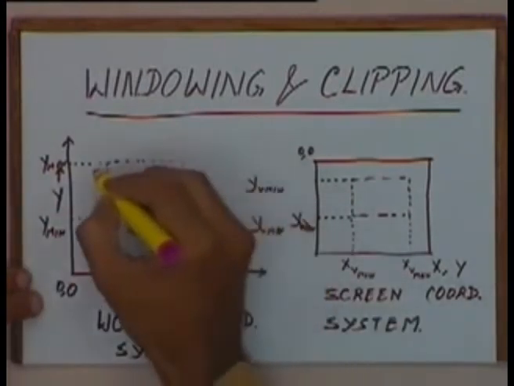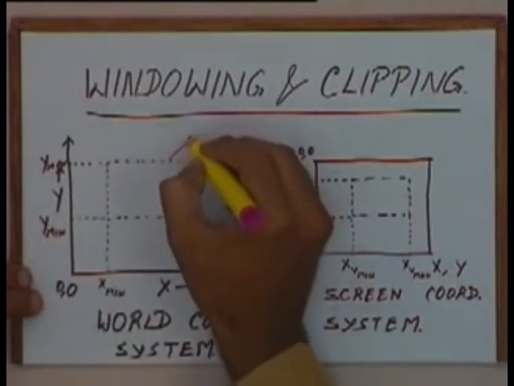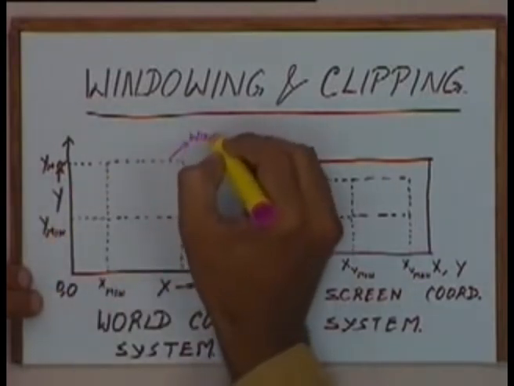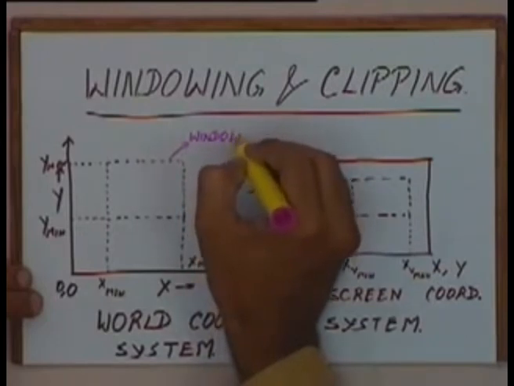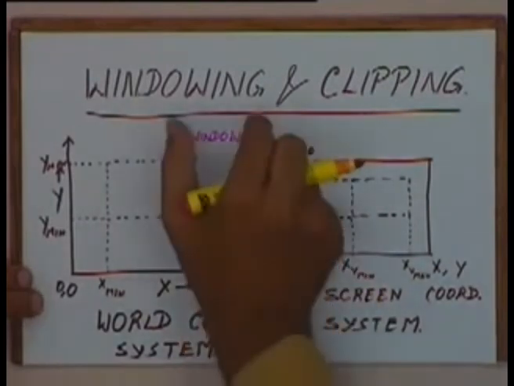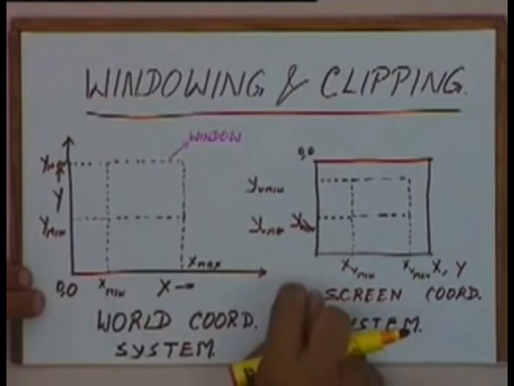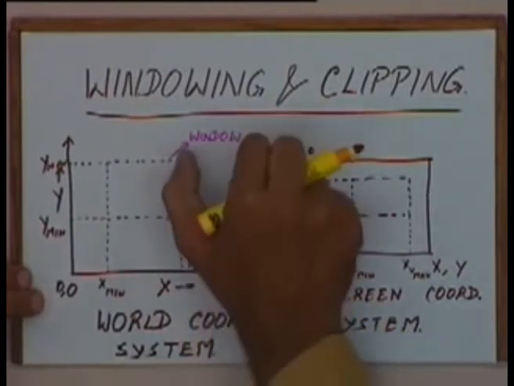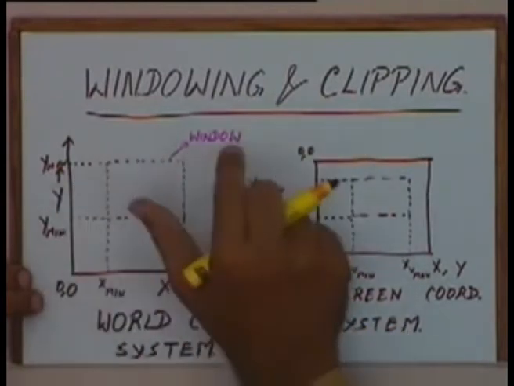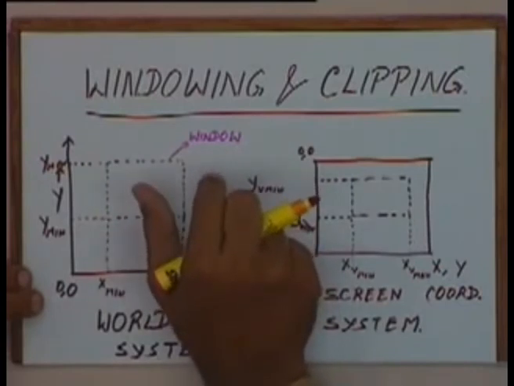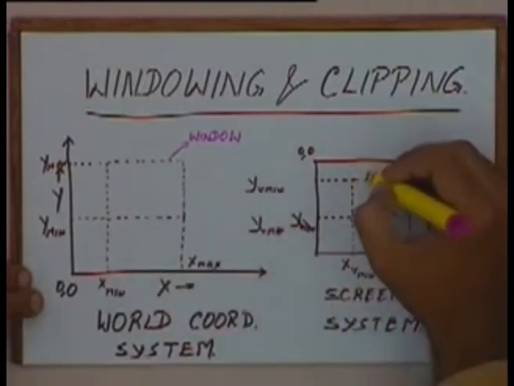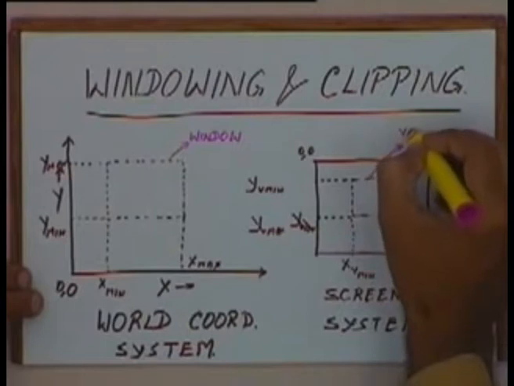Now, this finite portion is referred to as the window. This is a window out of the infinite world. A window is thus a finite portion of the infinite world. This portion is referred to as the viewport.